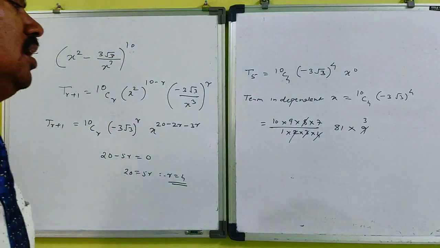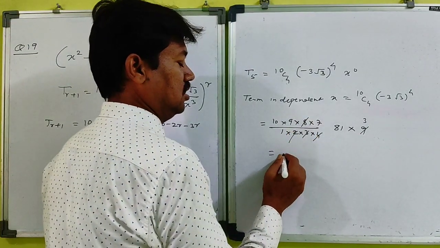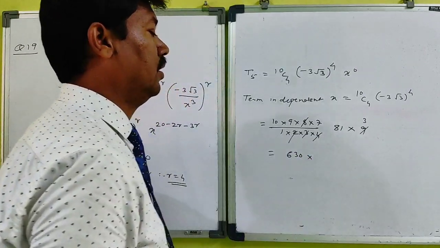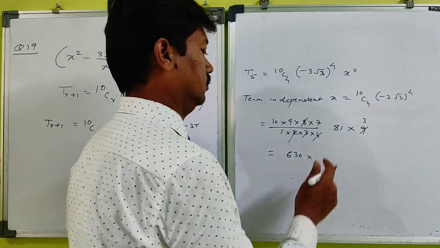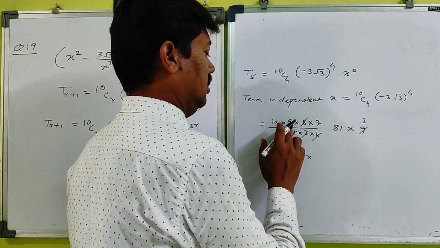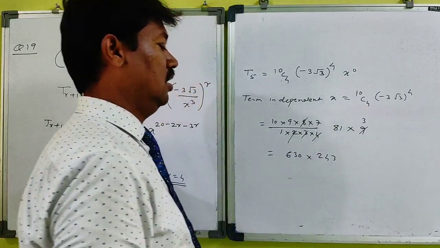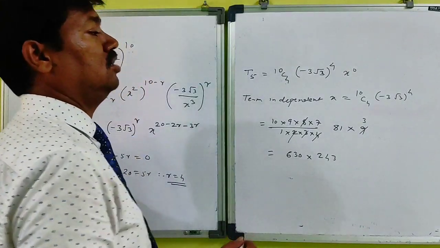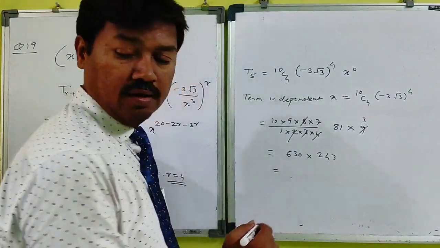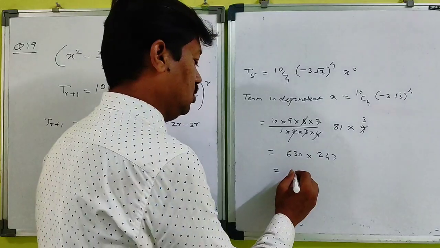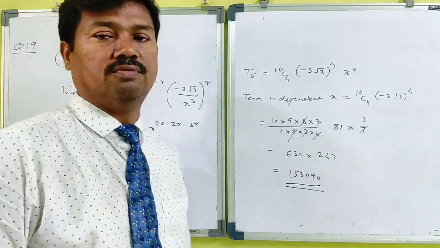So it is 90 into 7, that becomes 630, into 81 into 3. 10 into 9 is 90, 90 into 7 is 630, and 81 into 3 is 243. So 243 into 630, which you have to calculate. The calculation of this is 153090. That is the correct answer for this.